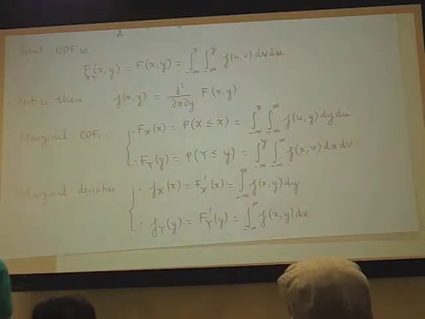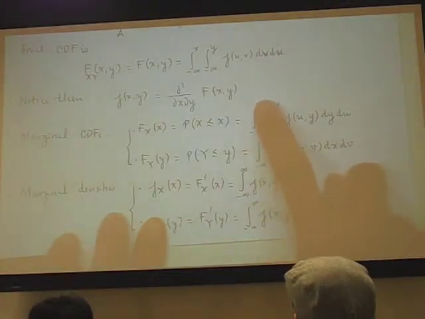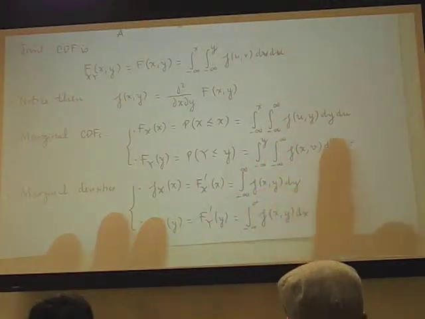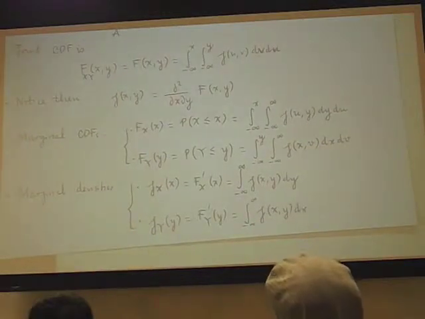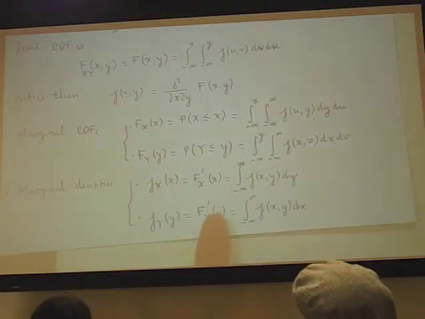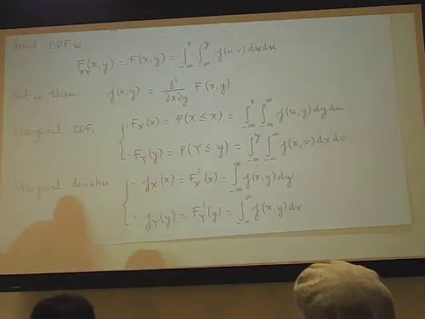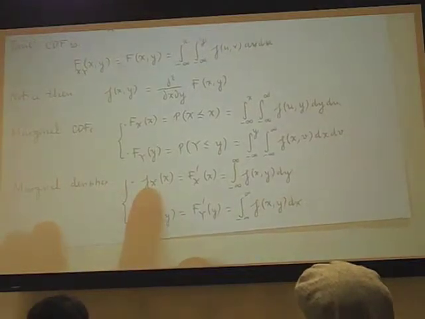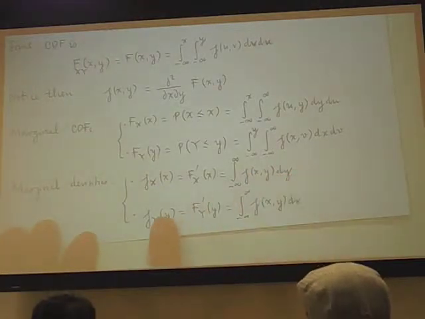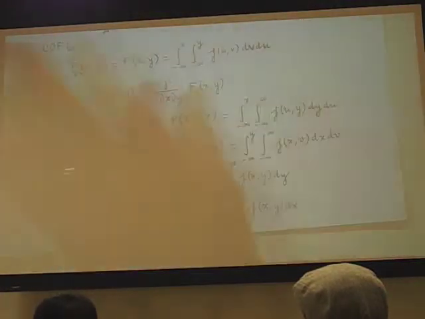So the derivative cancels with the integral, and you have just the integral from negative infinity to infinity of f(x,y) dy. And the marginal density with respect to y, you take the derivative with respect to y, so you have that. So the message to take home is that for the marginal density with respect to x, you integrate the density function over y, and for this one you integrate over x. Is that clear?